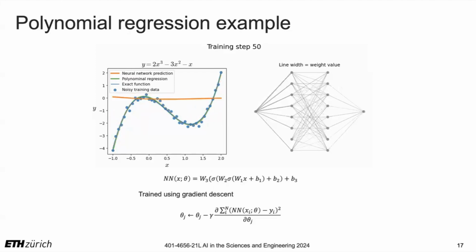Sometimes it's hard to understand exactly why it trains in a certain way. One really interesting thing you can do is plot the weights for each neuron and how they evolve over training step or over time. In this little animation on the right, the width of the line is proportional to the absolute value of the weight.